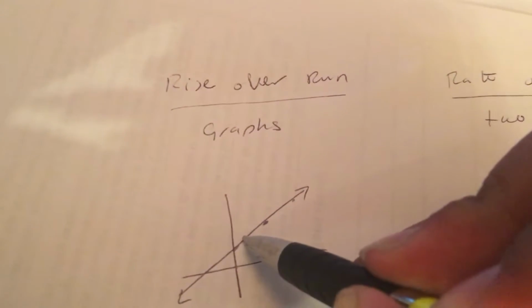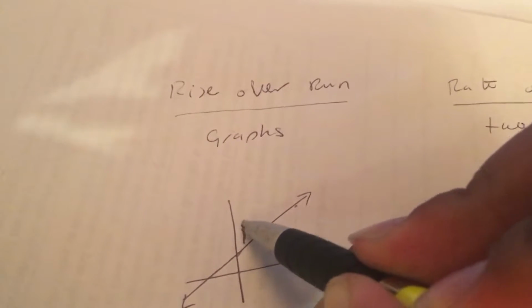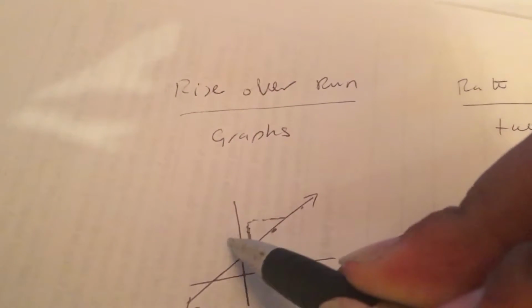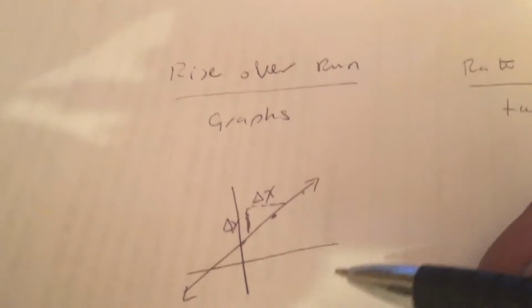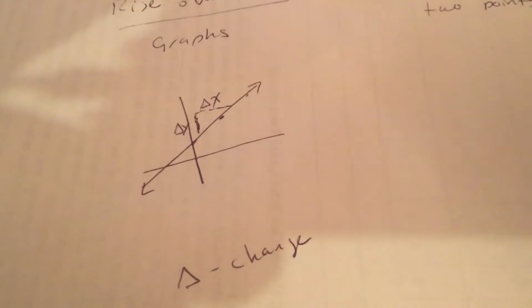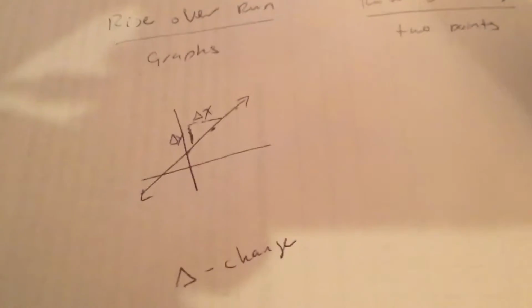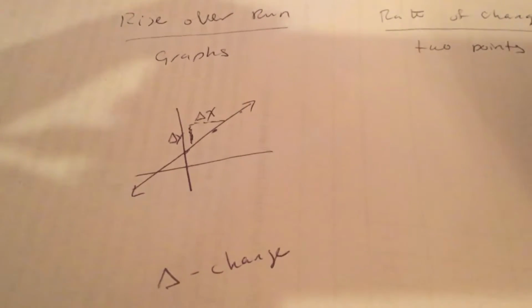So let's say this would be my rise here, and this would be my run. Let me label it as delta y and delta x, where delta is just a symbol we use to represent a change. So we're simply saying the change in x and the change in y. That's one way to say it, but there might be some other more formal ways to do it.